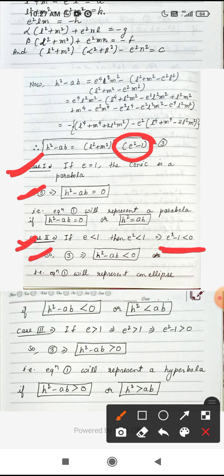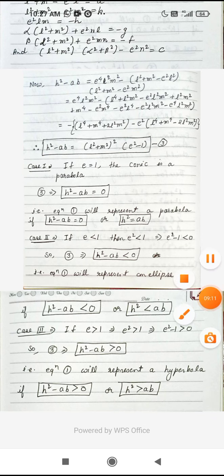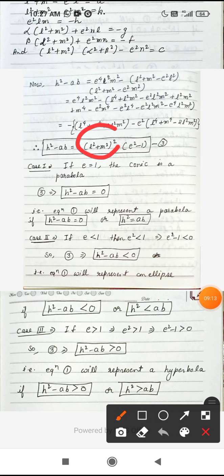So equation 3 implies h² − ab is less than 0, as this term is positive, and if E² − 1 is less than 0, the whole term on the right hand side becomes less than 0. So equation 1 will represent an ellipse if h² − ab is less than 0, or we can write h² is less than ab.